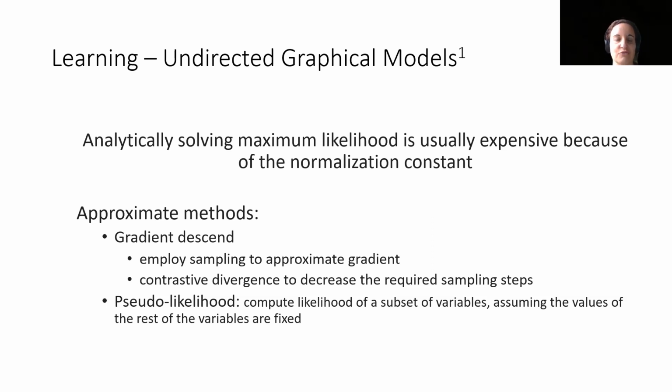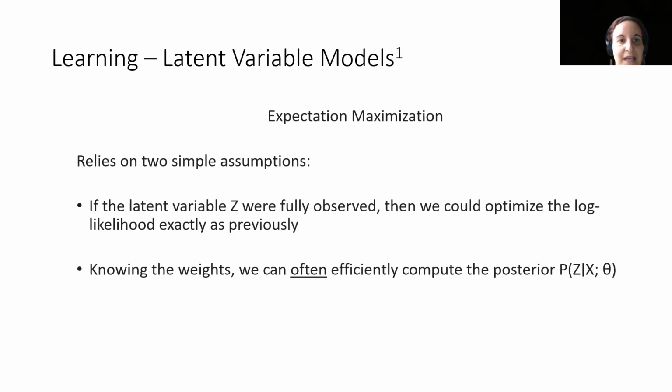This is similar to Gibbs sampling. We compute the likelihood of a subset of the variables, keep that as part of the likelihood, and then compute the part for the rest of the variables, assuming the first group is fixed. So it's kind of similar to that.